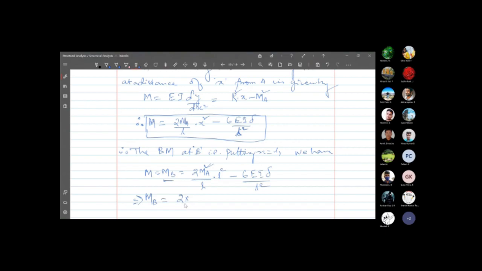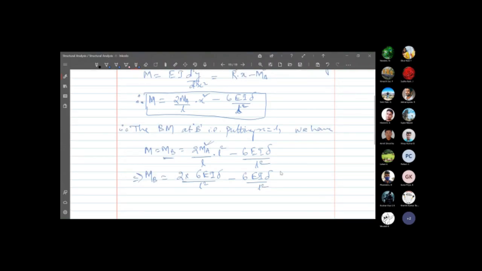It is 2 into 6 EI into delta by L square minus 6 EI delta by L square. So this implies MB equals 6 EI into delta by L square.